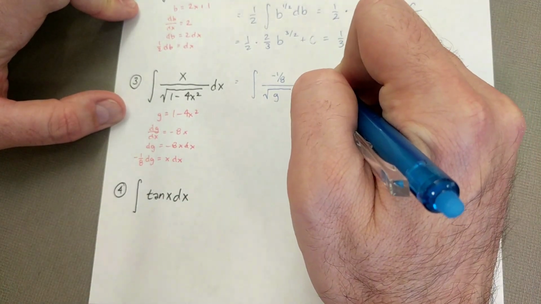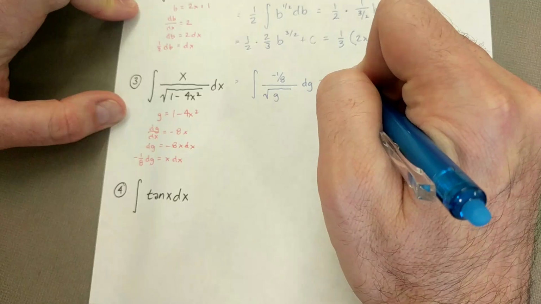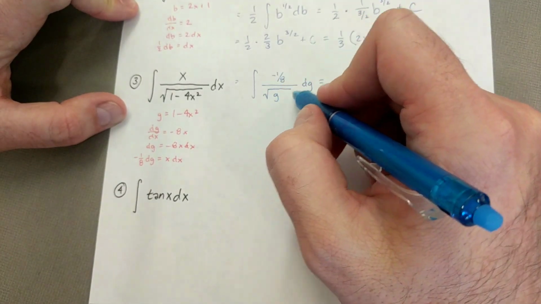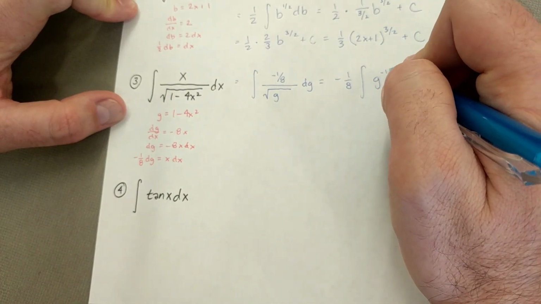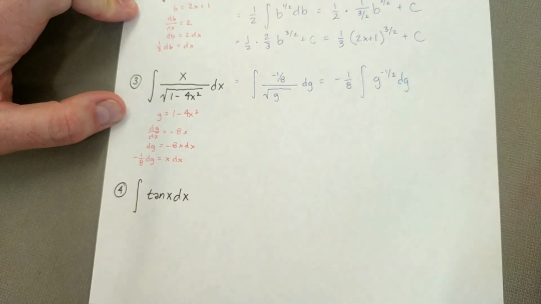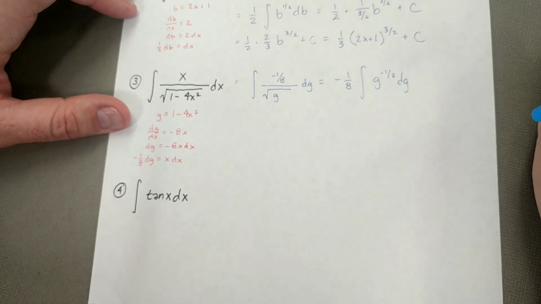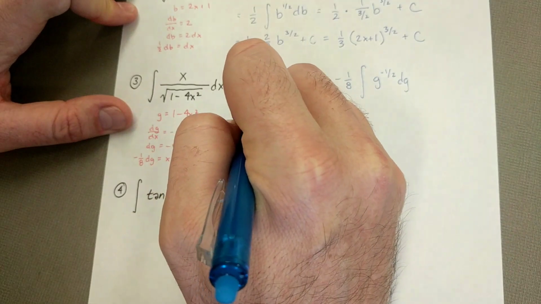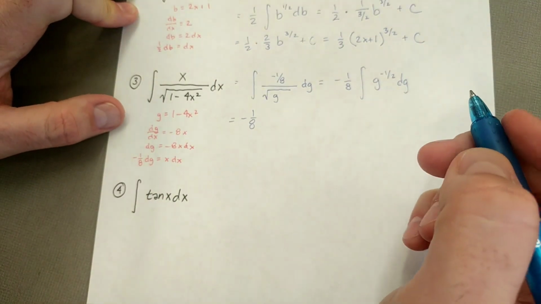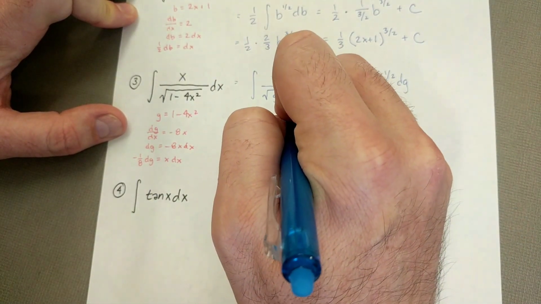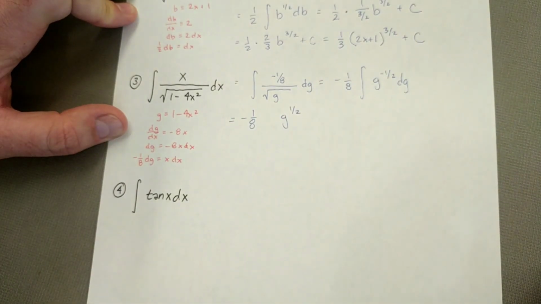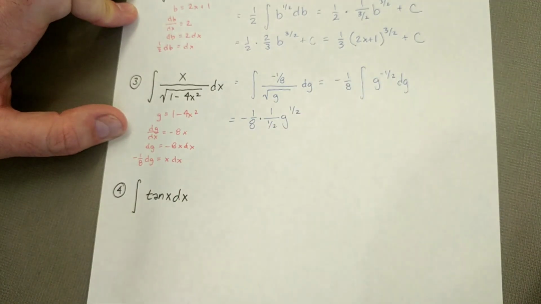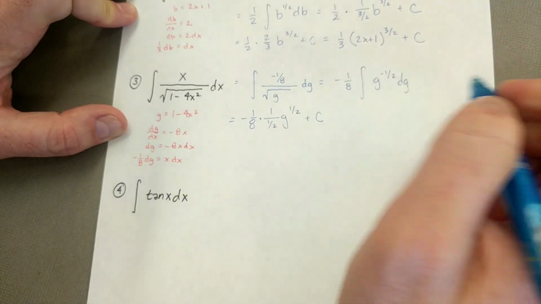Okay, just as before, let's pull out the negative 1/8 since it's a constant multiple. And I'll rewrite this as g to the negative 1/2 dg to, again, really emphasize my use of the power rule. So if we integrate, take the antiderivative, we are going to get g to the positive 1/2, and its coefficient will be 1 over the positive 1/2 plus a constant.